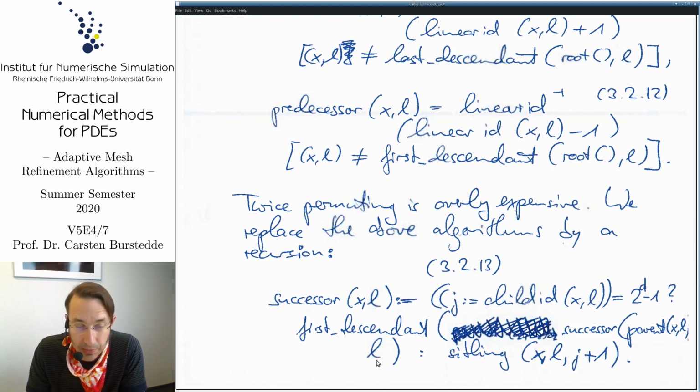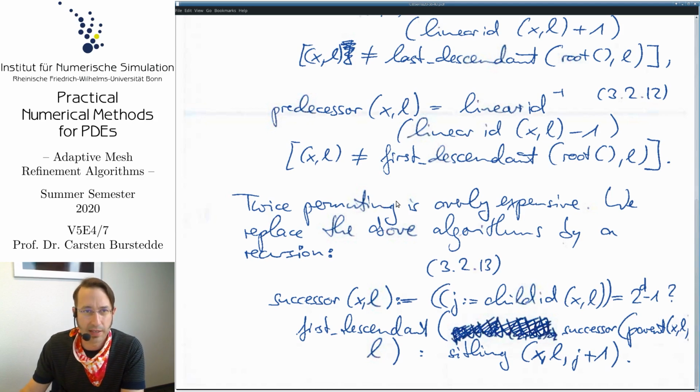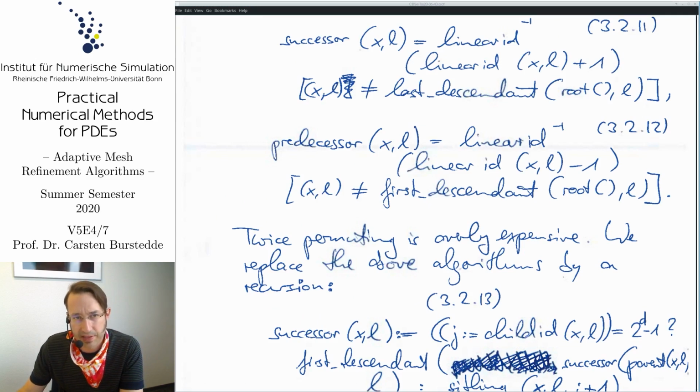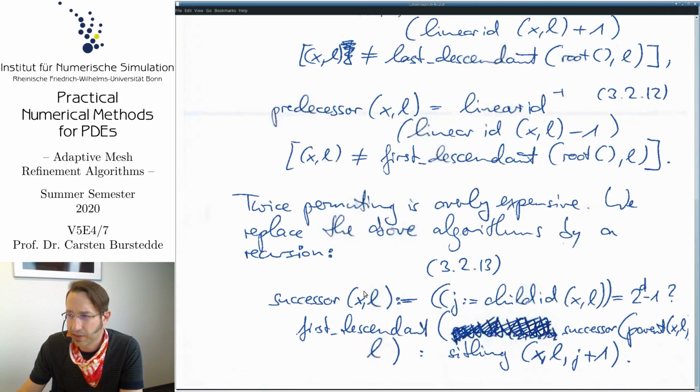You can try to prove, please, if this is actually the identical function to the successor up here, so that would be one exercise. You can also take the predecessor function here. So successor would be here and there. Predecessor, you could try to write a function similar to this one, but for predecessor.